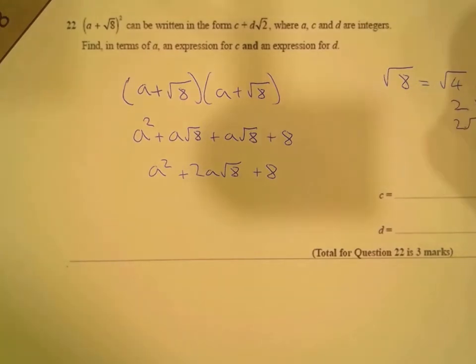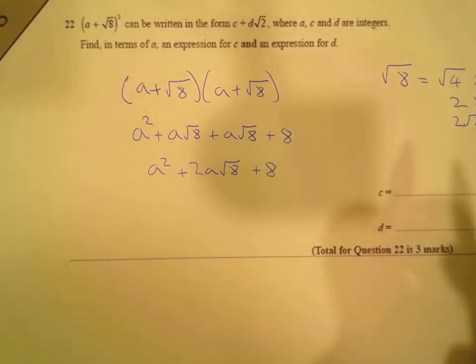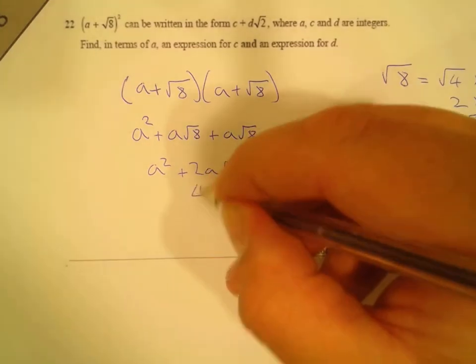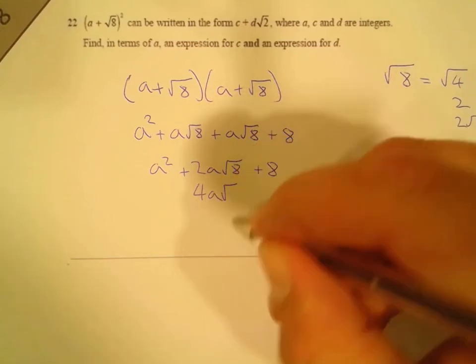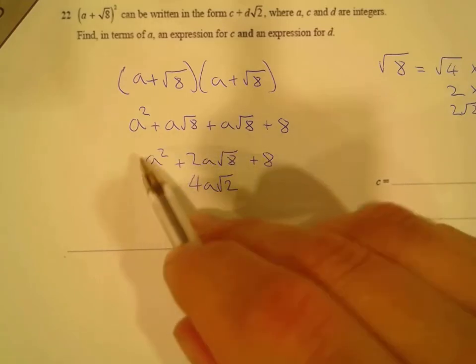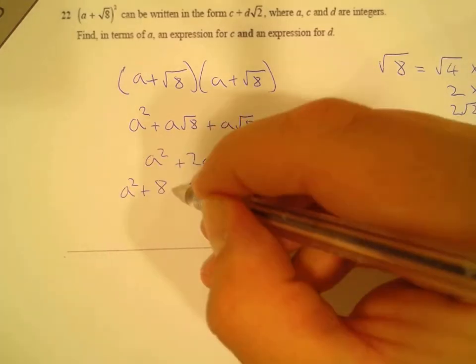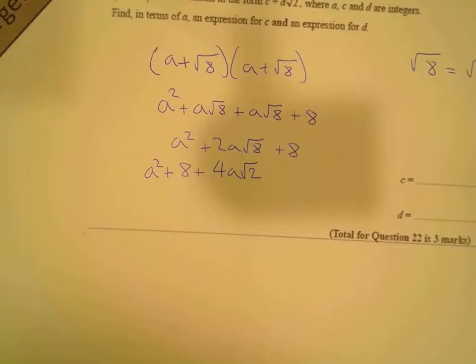So now I'm going to have 2a times by 2 root 2, so that would be 4a root 2. And if I bring this to the front, I'm going to have a squared plus 8 plus 4a root 2.